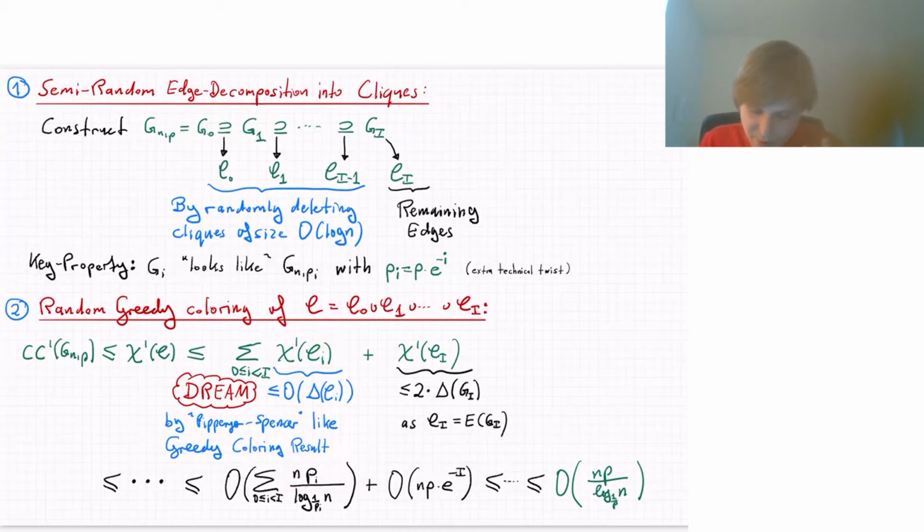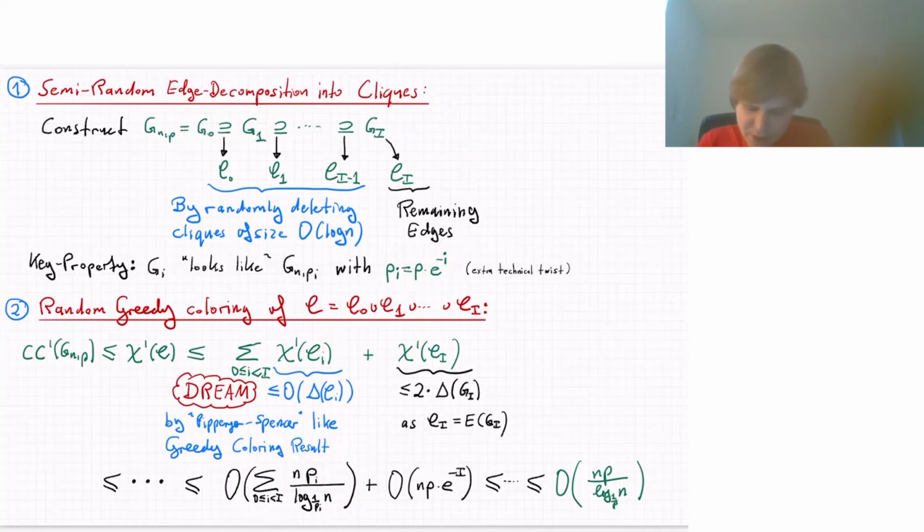The main message here is just because these p_i decay so fast, because these edge probabilities decay so fast, basically this entire sum, if you do the calculus, is dominated by the first few terms. Okay, and so the first few terms are exactly of the form that we want. It's n times p over log n to the base 1 over p.